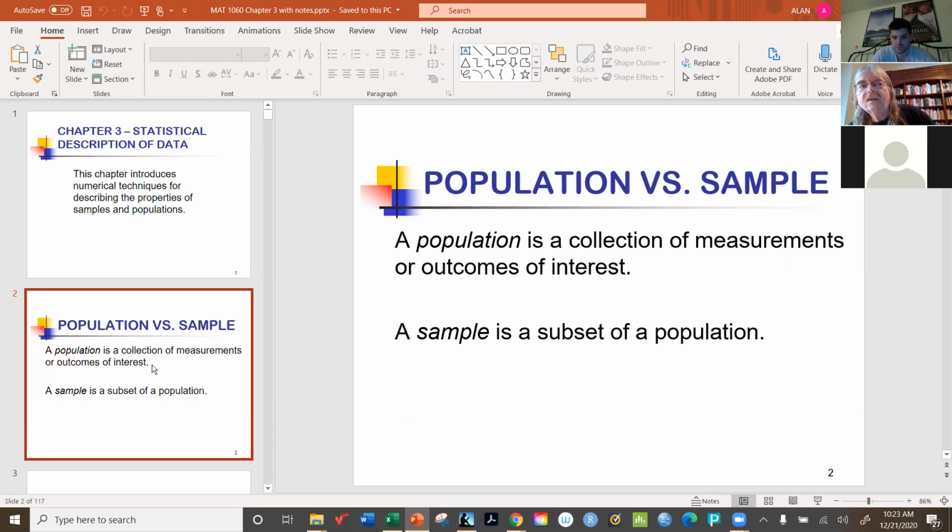Now, calculating the average of those ages could be quite a challenge, because let's face it, there's over 330 million people living in this country. So instead, they might be tempted to try the following. They might say, listen, do we really have to count all 330 million people? Why don't we try this?